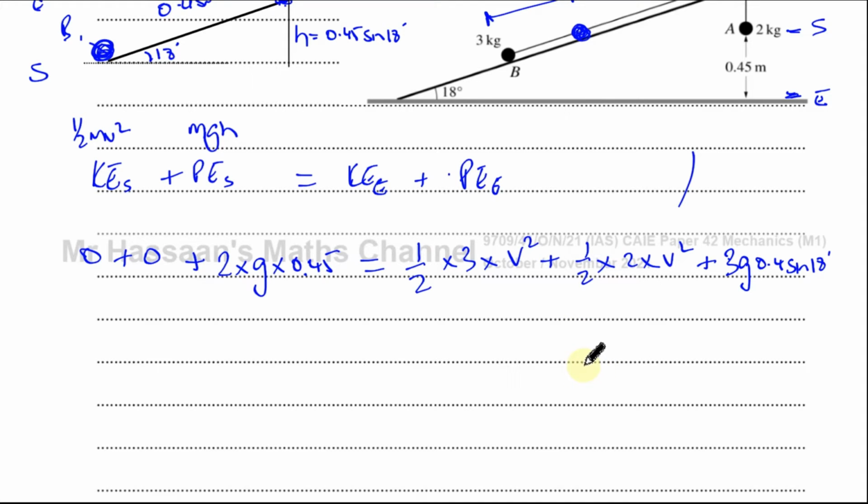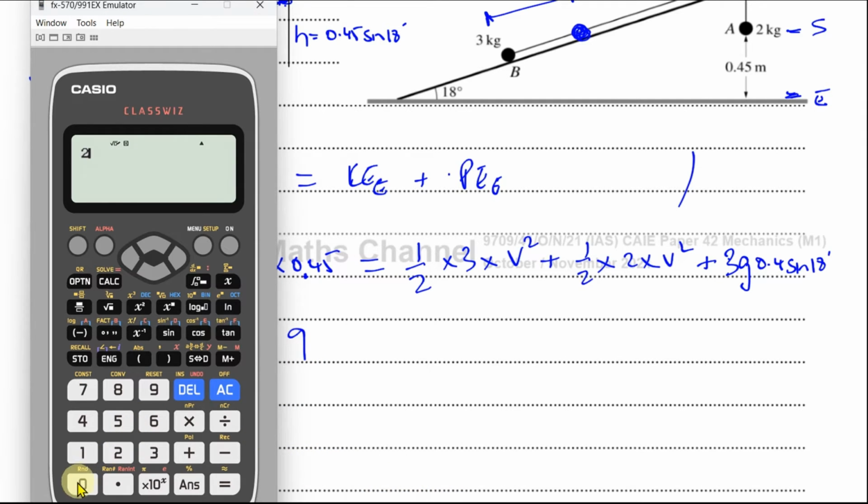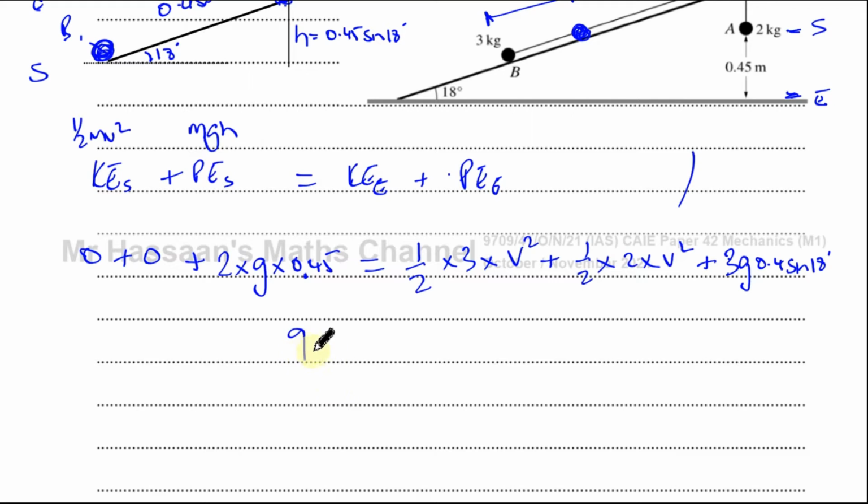So we have 2 times g times 0.45. That's 2 times 0.45 times g, which is 10. That's going to be 20 times 0.45, which gives us 9.